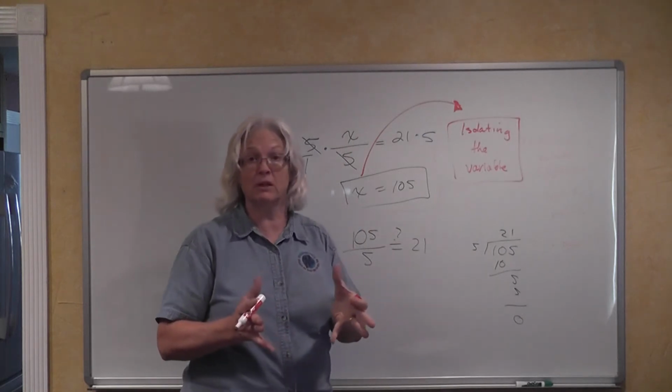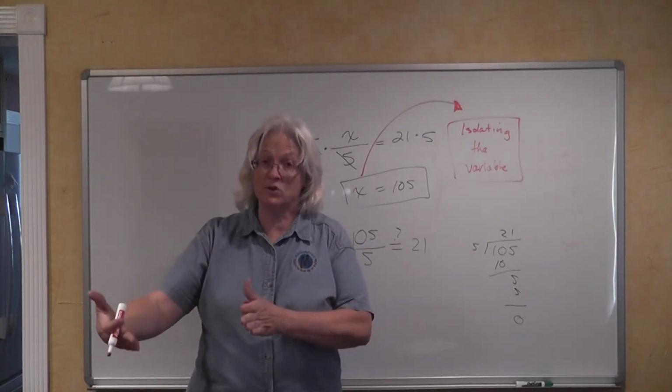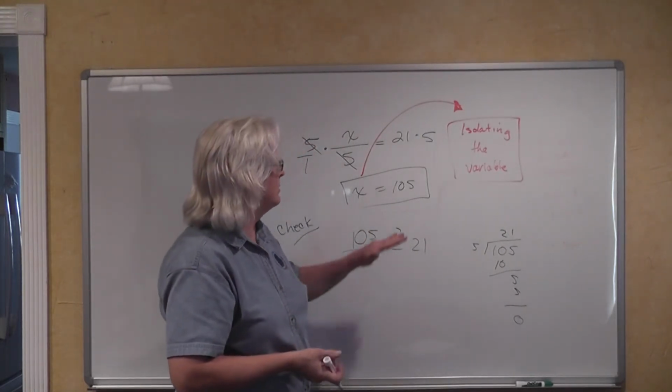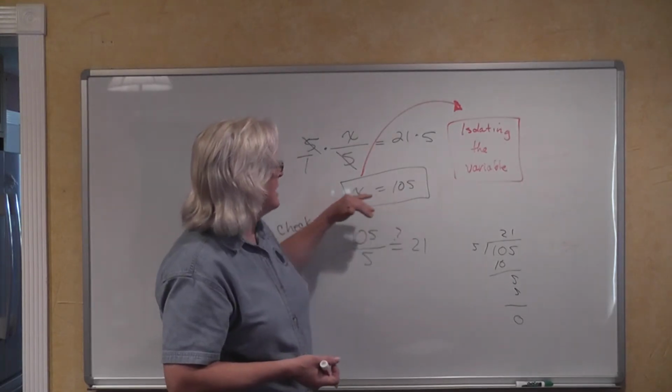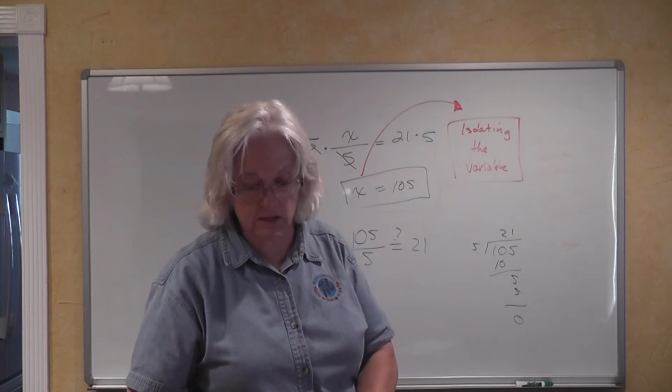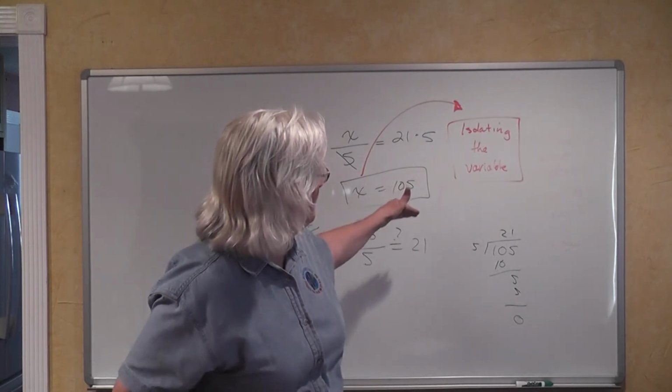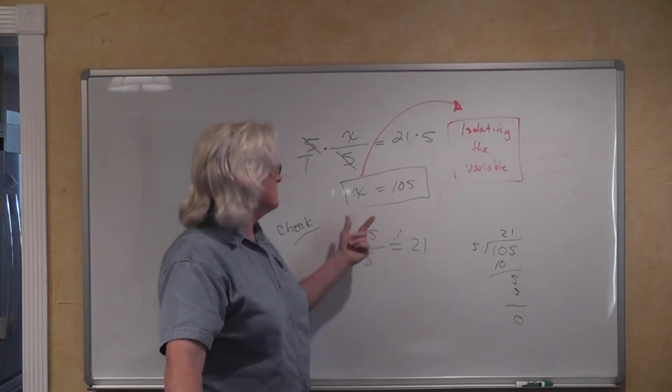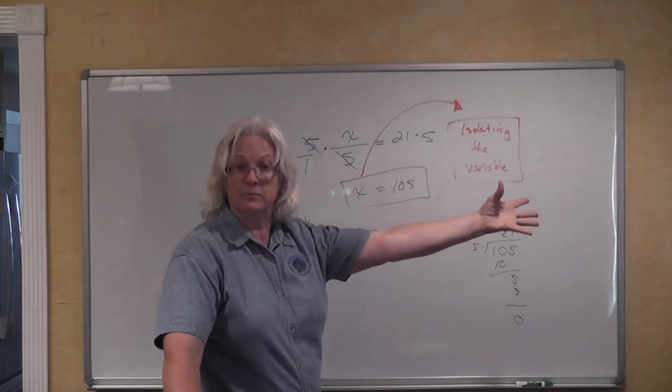It doesn't matter if it's on the left-hand side or the right-hand side. The goal here is to isolate the variable, have the variable all by itself. And that's what happens when we have simplified this equation. We have x is equal to something.